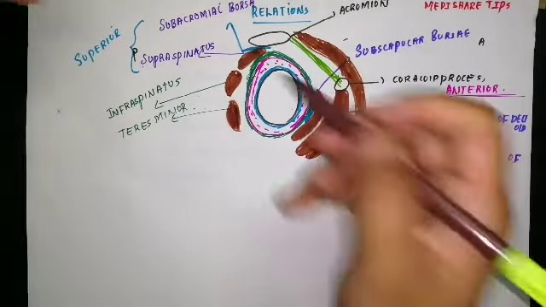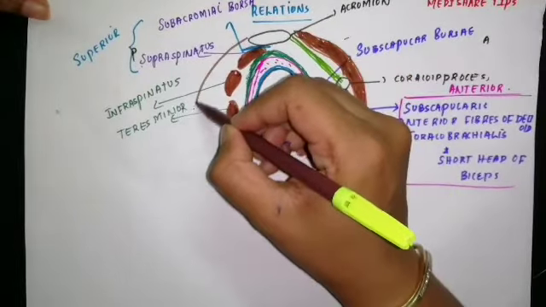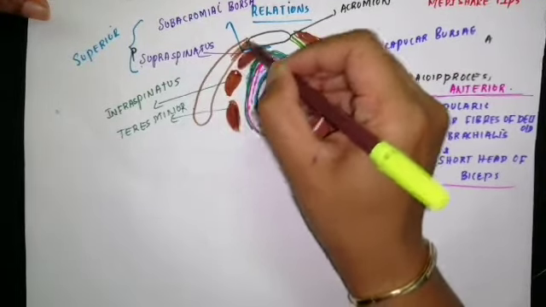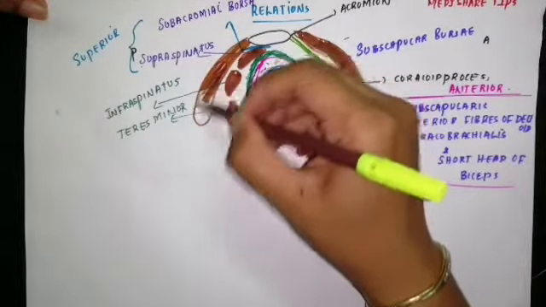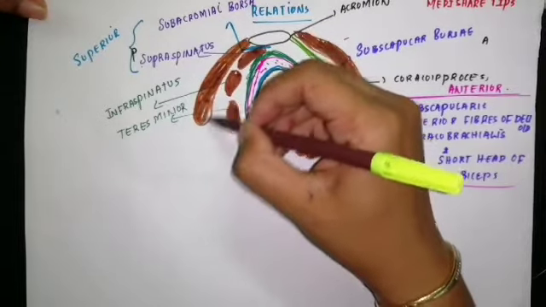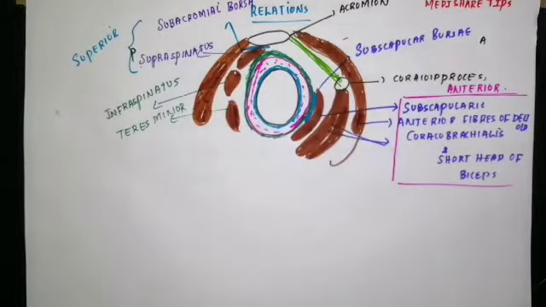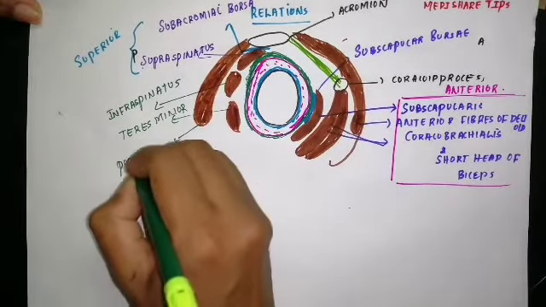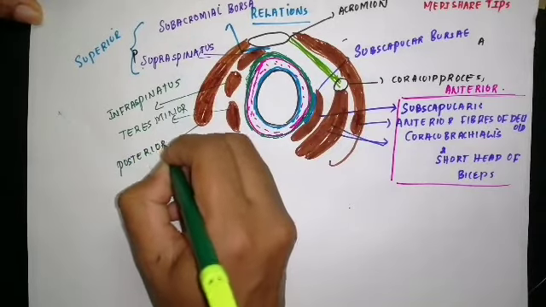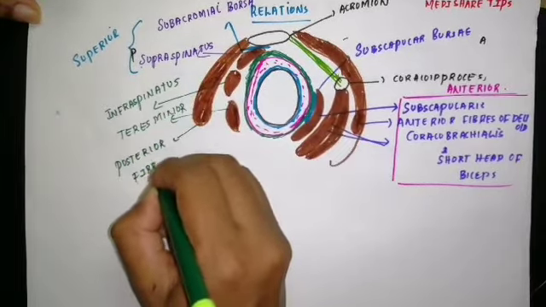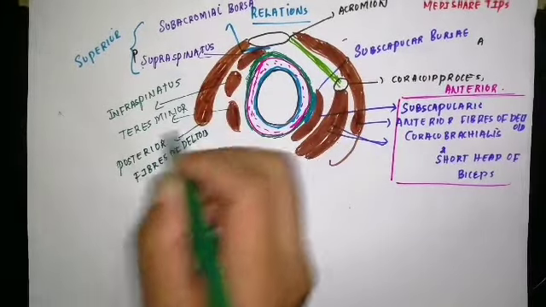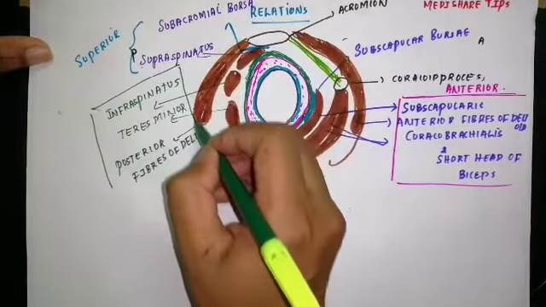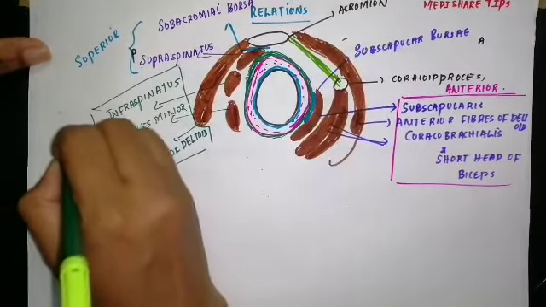And covering all this, there are the posterior fibers of deltoid, which form a posterior relation. This is the posterior fibers of deltoid. So all this forms the posterior relation.